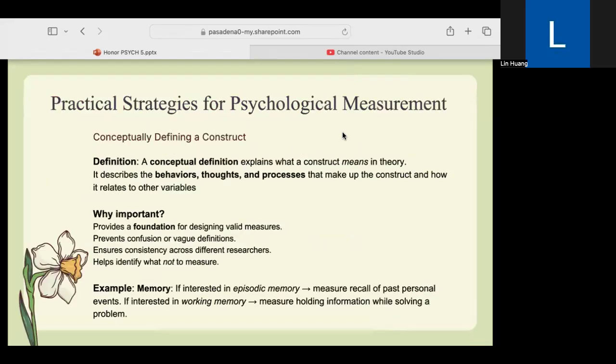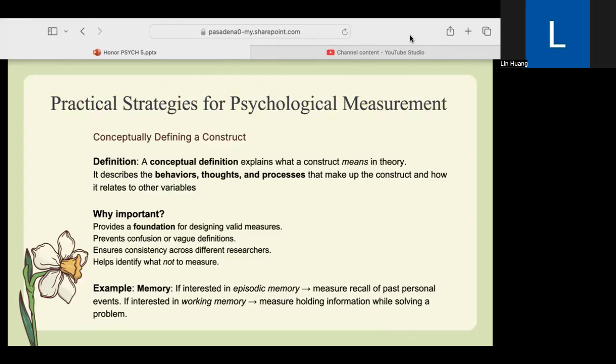Now we are coming to our last topic, the practical strategies for psychological measurement. The first step is conceptually defining a construct you are studying. A conceptual definition, as we talked about before, explains what a construct means in theory.